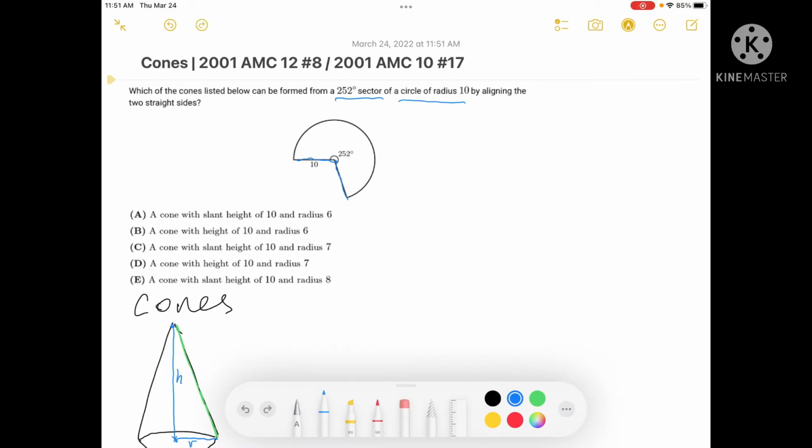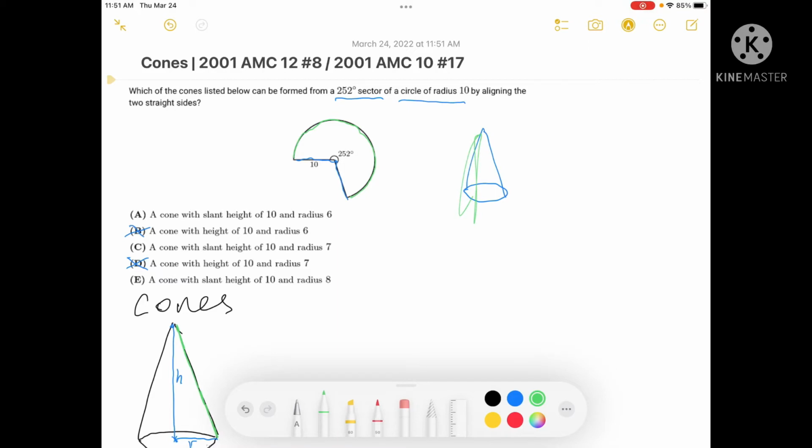As I have mentioned, the radius of the sector is equal to the slant height of the cone, so we can eliminate options B and D. Great. Next, we can calculate the circumference of the base, because the circumference of the base of the cone is just equal to the arc length of the sector.